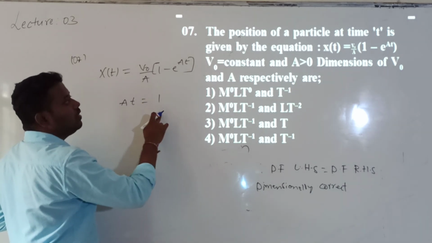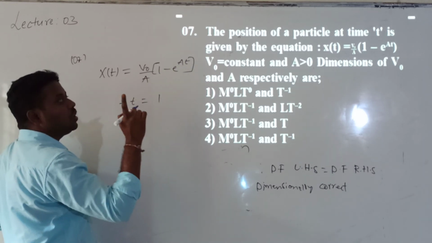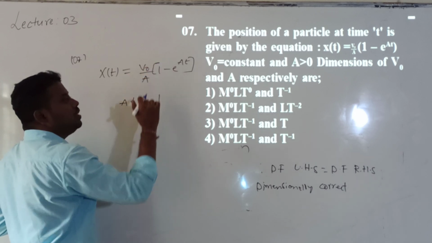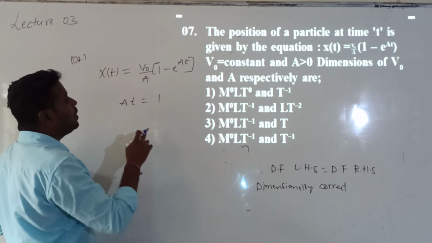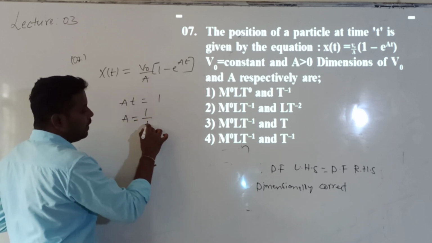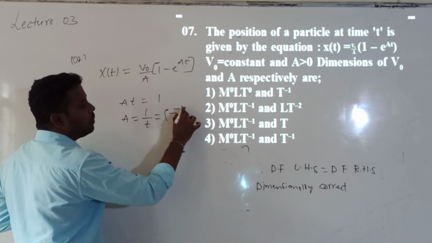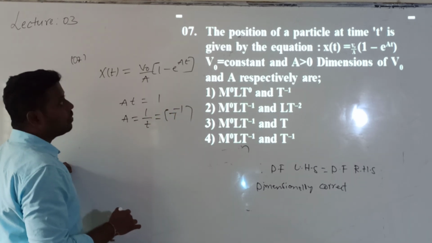So when a is equal to 1 by t, e power at becomes e power 1. You should always make that exponential value equal to 1. Then a will become 1 by t. What is the dimensional formula of a? T power minus 1.